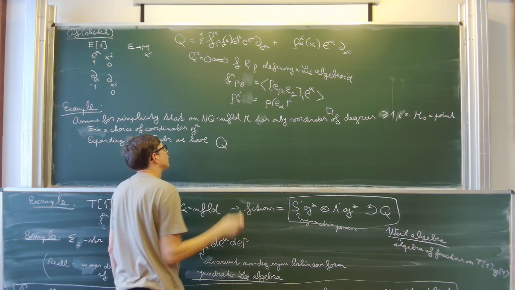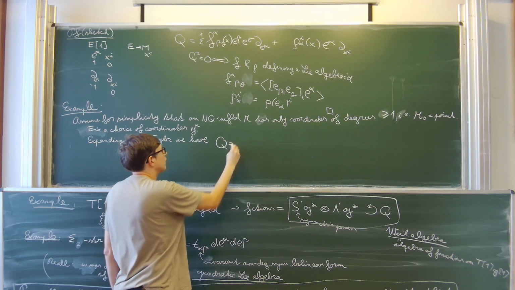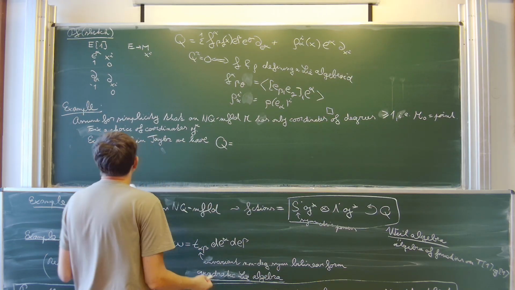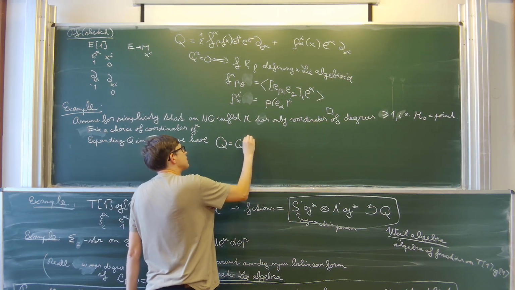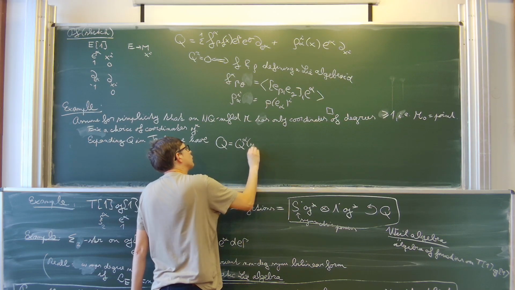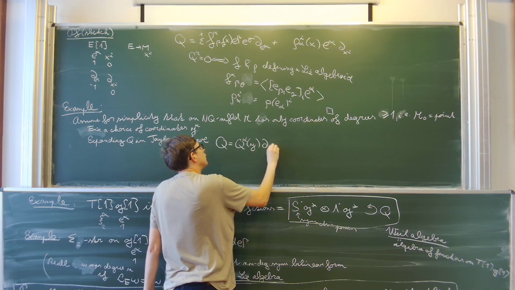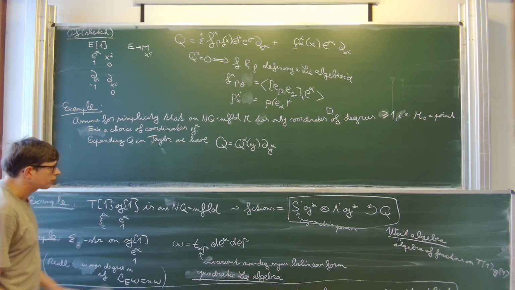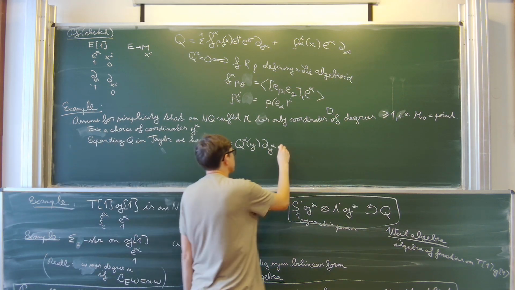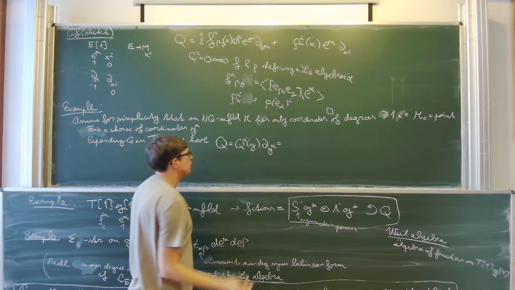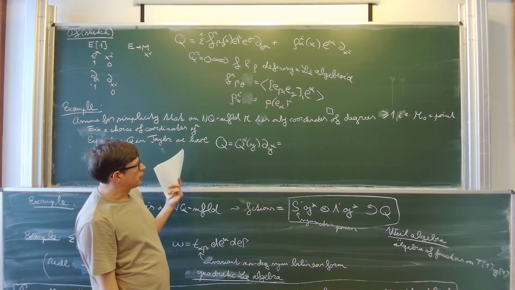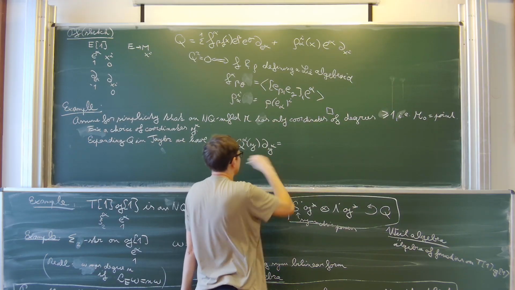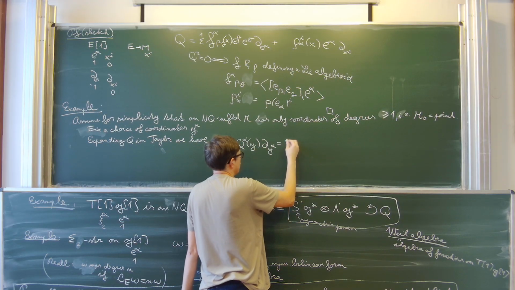So Q, in general, will be something like this. But if I want to expand it in Taylor from 0, then how does this look? In principle there could be a constant, potentially, maybe not.